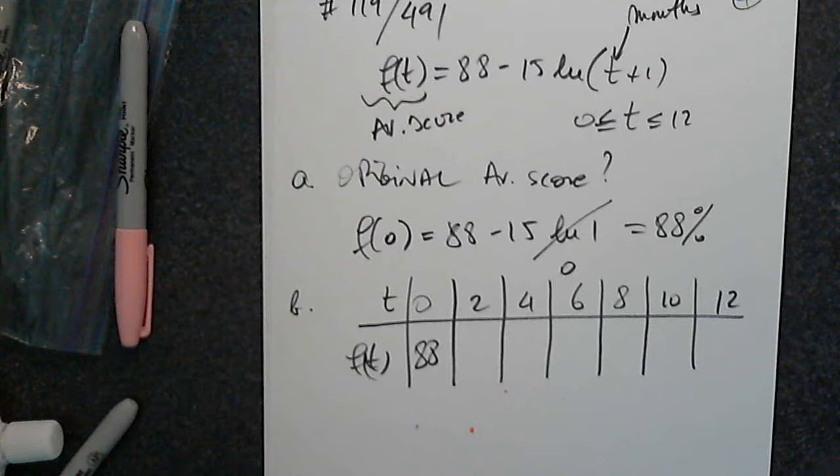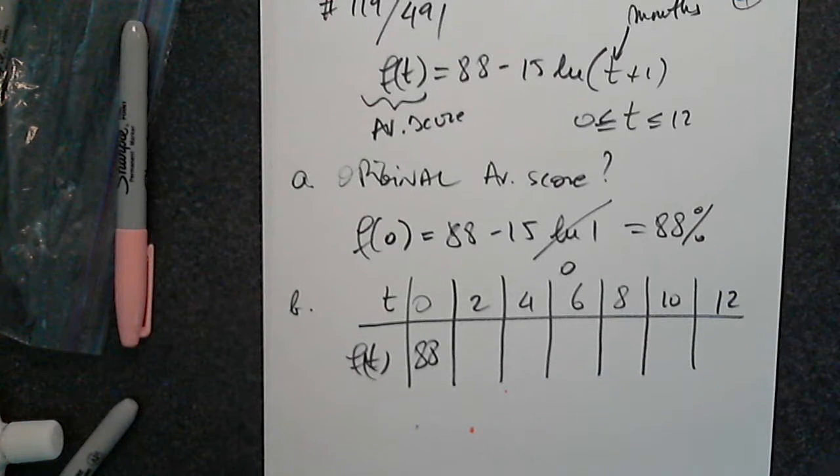And let's go to y equals. Let's put in 88 minus 15 natural log in parentheses x plus 1, close the parenthesis. And let's go to second and table and put in the numbers we need: 0, 2, 4, 6, 8, 10, and 12.